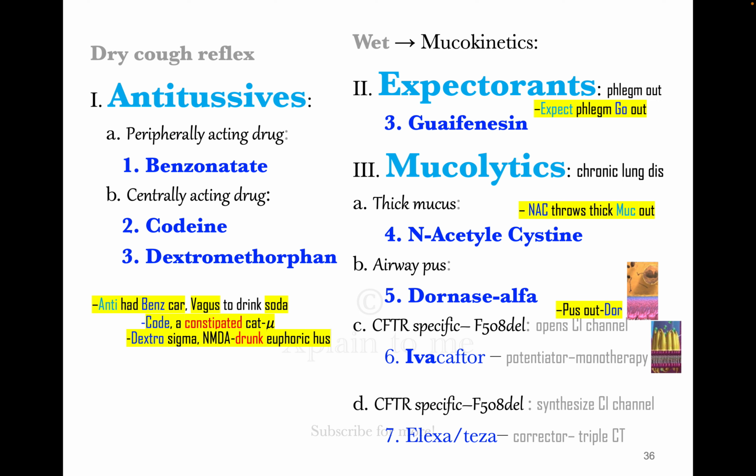In these patients, their chloride channels are not functional. That's a major point to remember. So what is that? That is because of the cystic fibrosis transmembrane conductance regulator protein, that is called CFTR protein, that is associated with a chloride channel. This is all you need to remember.